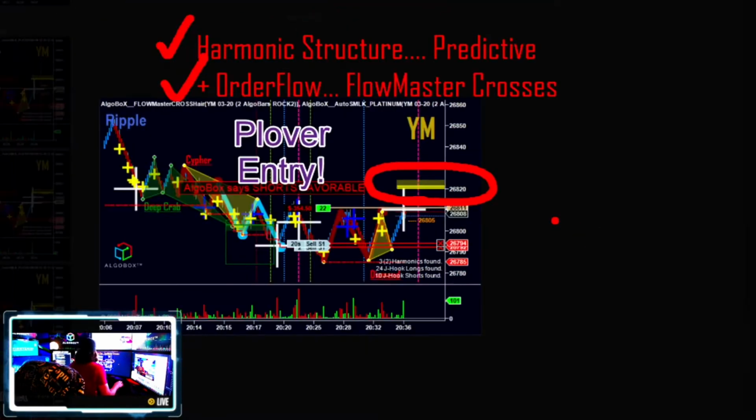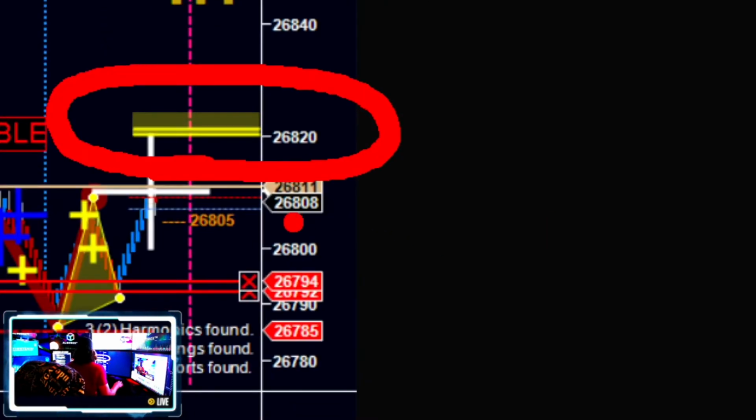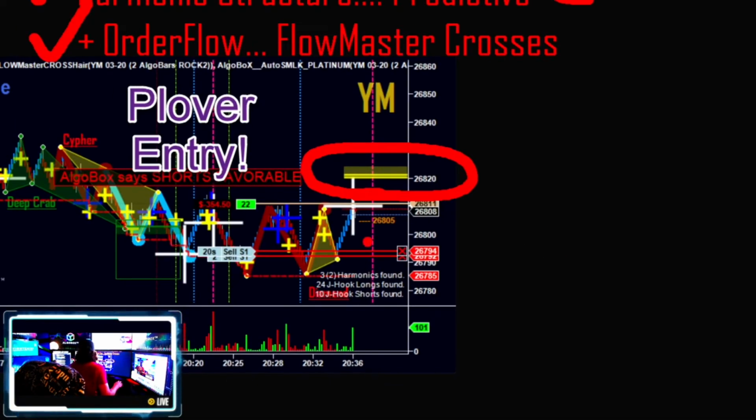What we're using here is the harmonic structure predictive zone for the target, and I'm going to show you the entry, the stops, and the targets as we get into this using AlgoBox. This is very visual, very easy to see. You can probably anticipate what this is already, but here's how it works.